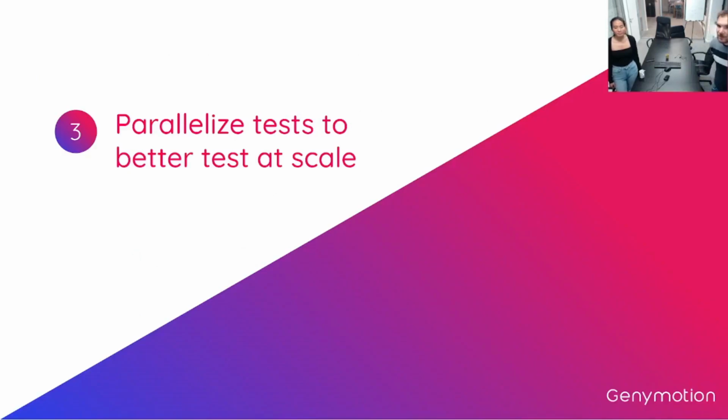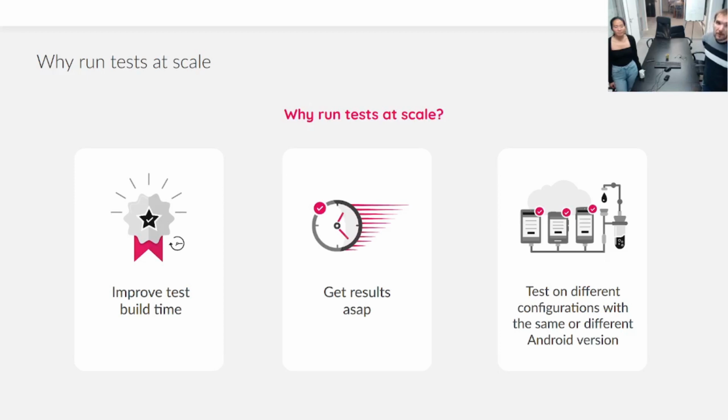Thanks, Elinor. So now let's talk about how to parallelize tests to better test at scale. So why should you run tests at scale? To improve test build time and get the result as soon as possible. It will allow you to test your application with the same or different Android versions.